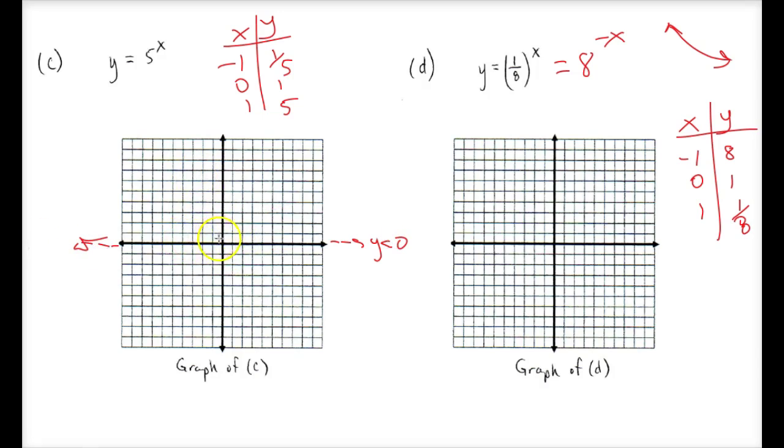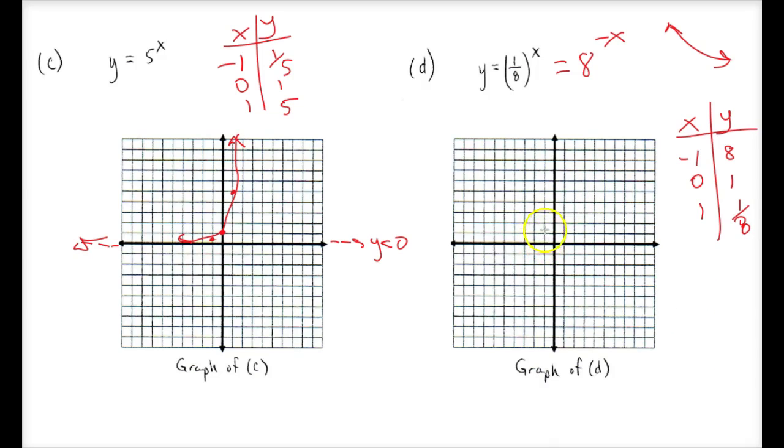So here, -1, 1/5. So I'll put that about right here. 0, 1 right there, and 1, 5. 2, 3, 4, 5. And so our basic graph would look something like this. No, it's not exact, but we get the point there. Okay.